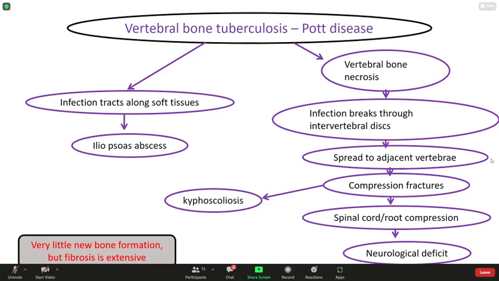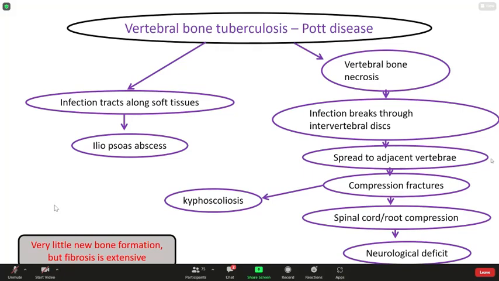When there's destruction of the vertebral bodies and the intervertebral disc, there's the possibility of compression fracture of the vertebral bodies, ultimately leading to kyphoscoliosis and compression over the spinal cord and the nerve roots, causing neurological deficits. In addition, this caseous material can track through the psoas fascia into the iliac region, making an iliopsoas abscess.